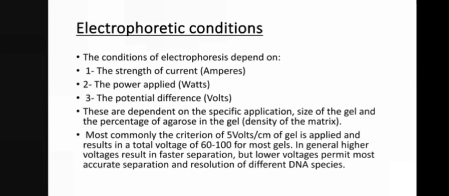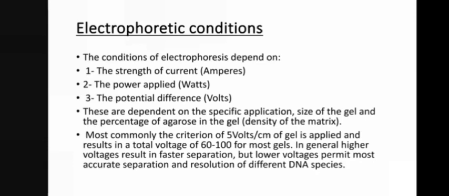Electrophoretic conditions. The conditions of electrophoresis depend on the strength of the current, the power applied, and the potential difference. These are dependent on the specific application, size of gel, percentage of agarose in the gel, and density of the matrix.